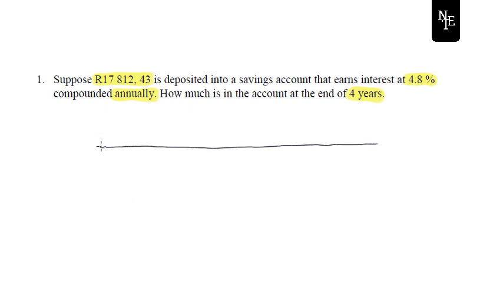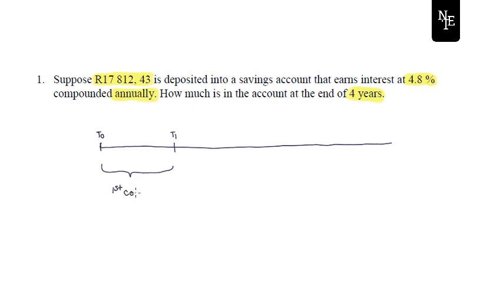Okay, so let's draw a number line in order to solve this problem. Of course, a number line is not required for such a simple problem, but just bear with me. On our number line, what we would usually do is put down these little things that we call T0, T1, T2, and so on, up until, for this case, T4. But I want you to have a bit more of an understanding of what we are doing when we draw a number line.